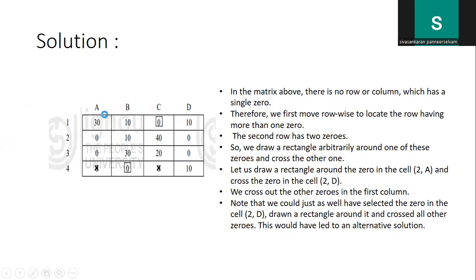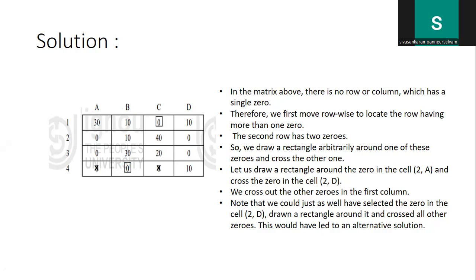So go to column A. There are 3 zeros, not possible. Now move to column B. We have only one single zero. Select column B, make a square mark. So the second zero element is selected with a square mark. Already one zero is there in column C, selected with a square mark.